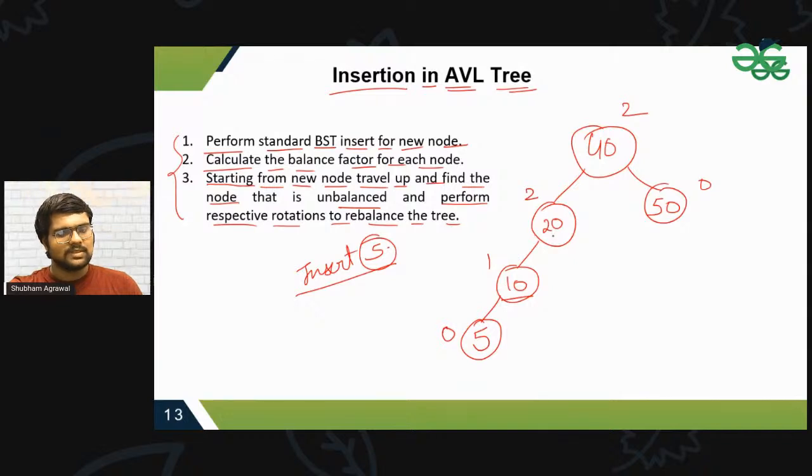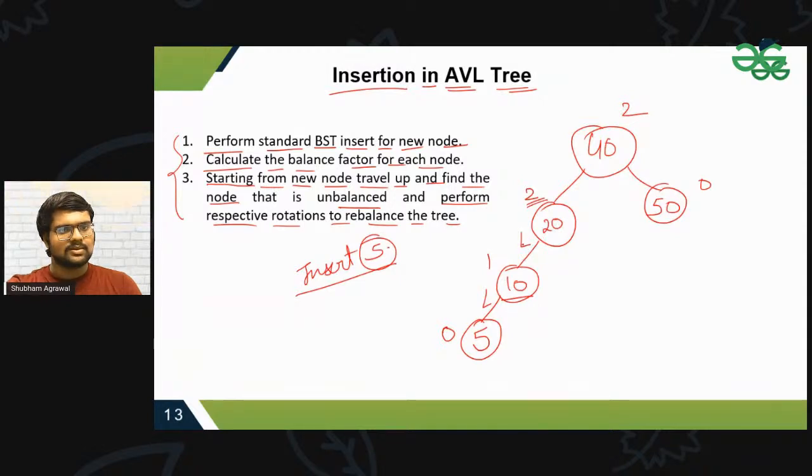Here the left subtree has greater height than the right subtree. So it is an LL case, because it is on the left-hand side and the balance factor is also positive. So the rotation that we have to perform is LL rotation.